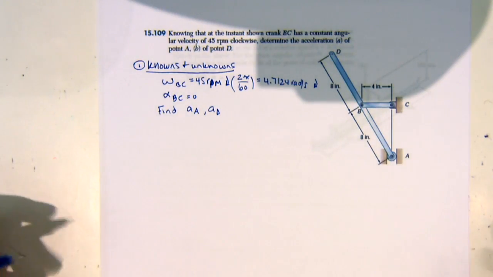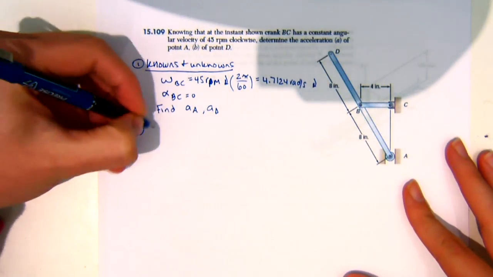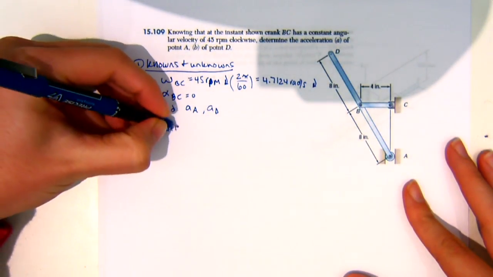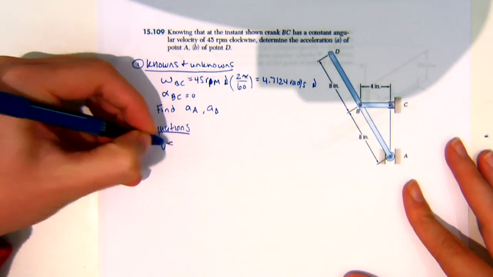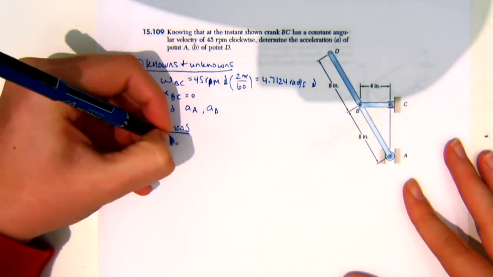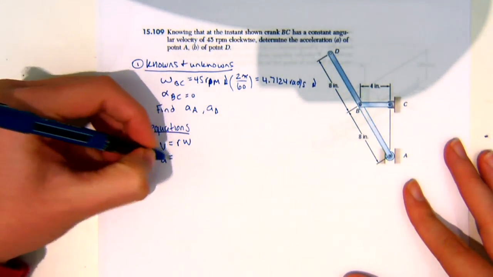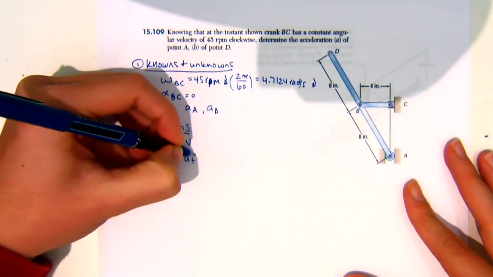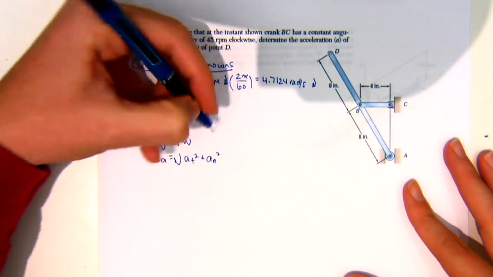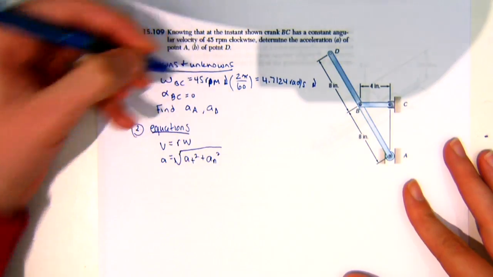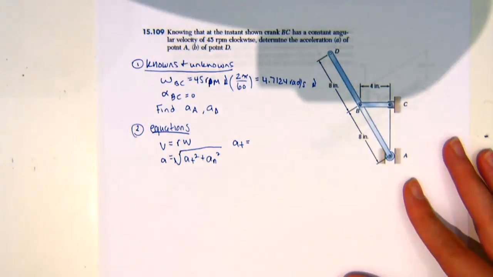Also some equations that we're probably going to use for this. We know that velocity is equal to r times omega. We also know that the magnitude of acceleration is equal to at squared plus an squared, so the tangential and the normal components. So for my tangential acceleration, what is that equation?